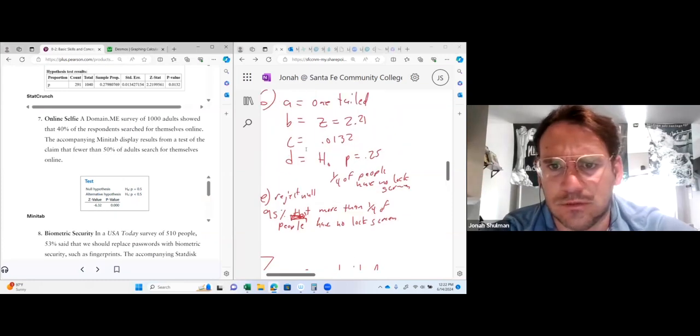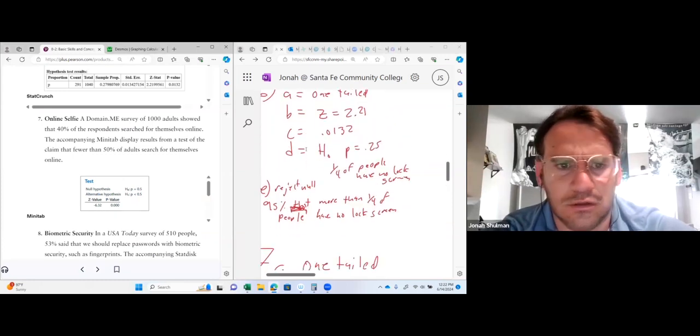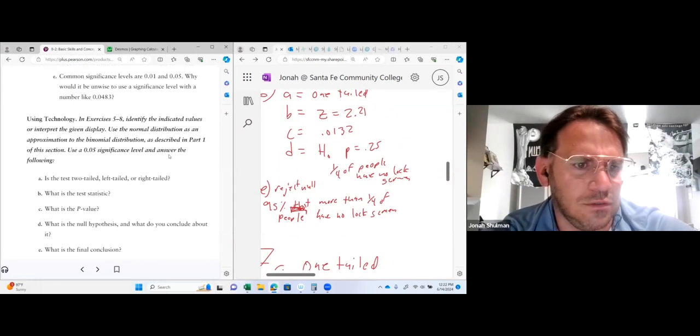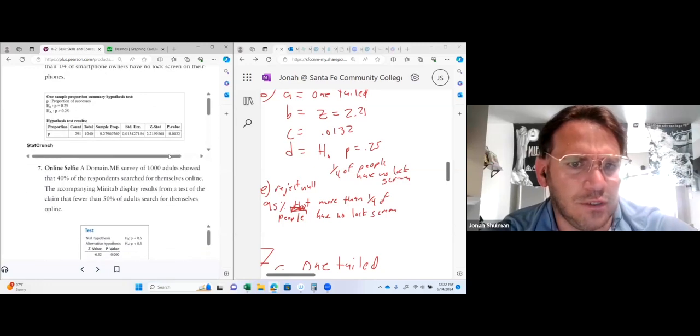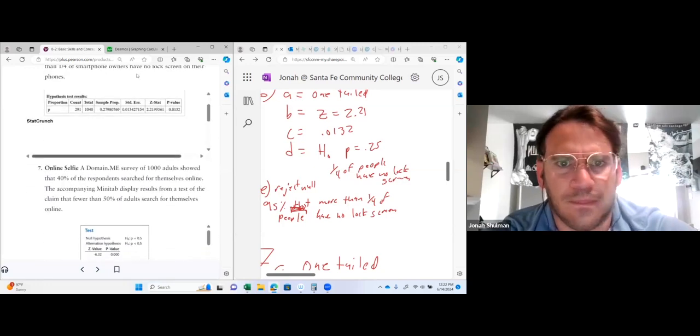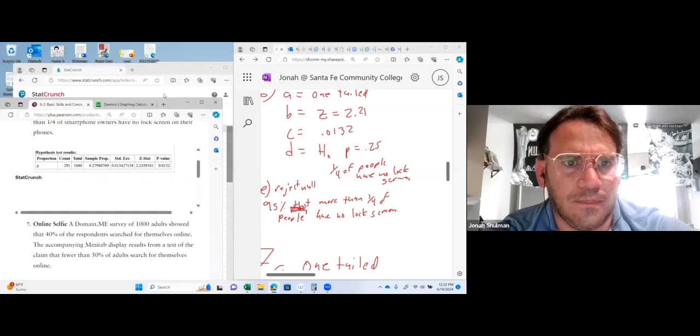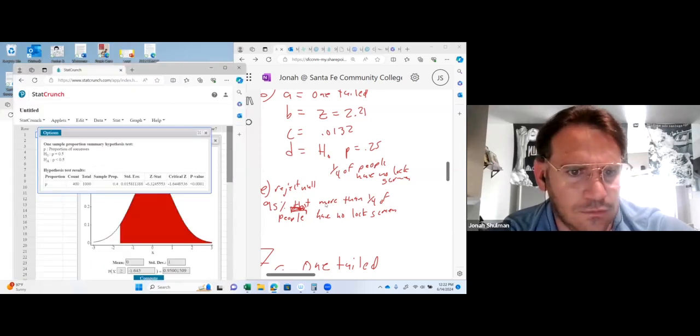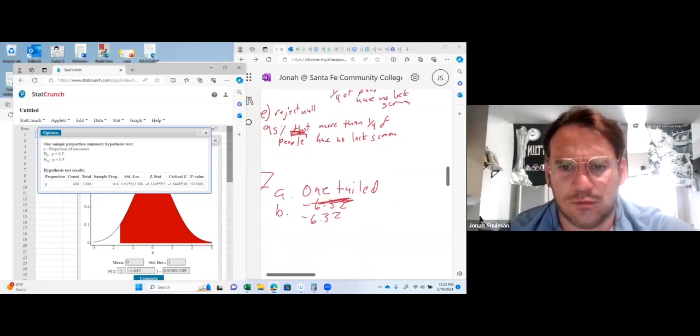What else do we need to do? What was C? Oh, it's the p-value here. It's less than 0.0001.